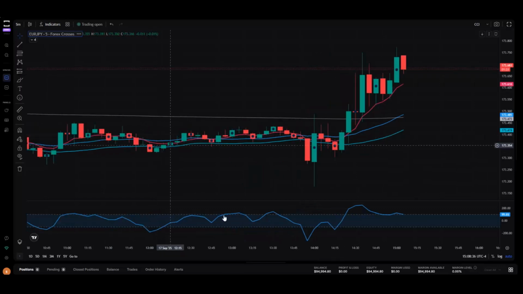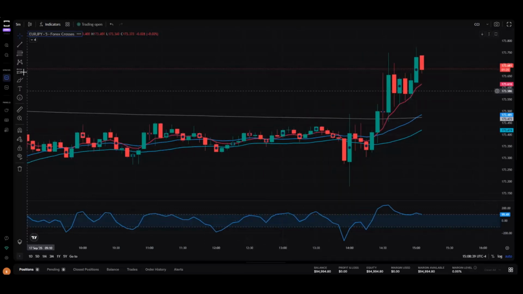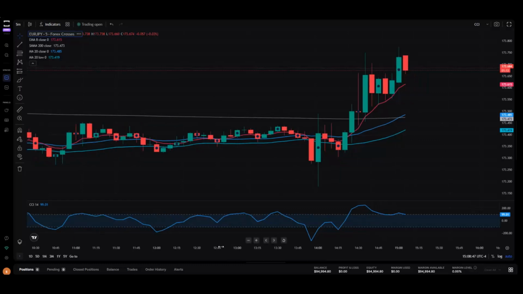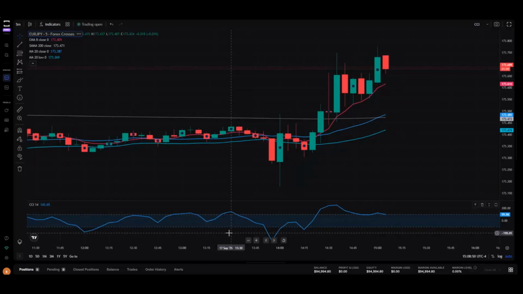Now, at the bottom, we have the CCI, which is set to a period of 14. The CCI is an instrument that is similar to the RSI. It was used extensively by commodities traders, but it took a big traction in the past 20 years, where it's not just used in the commodities or futures markets, but it is used in all of the different sectors.